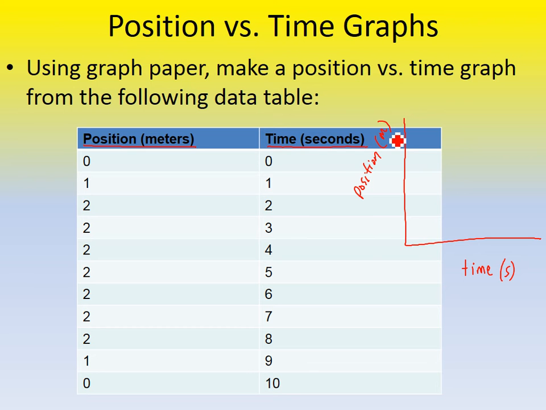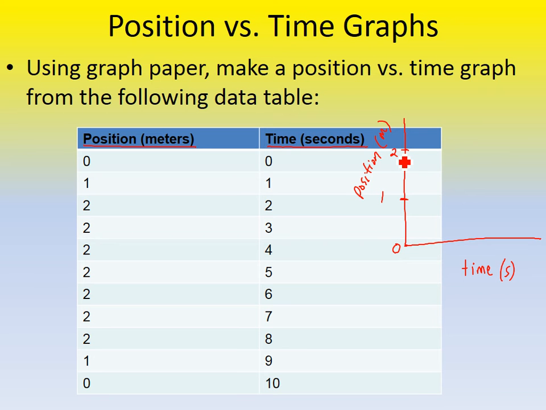Now, when you're making a graph, it's a good idea to look at the range. We're going from a position of 0 to, what's the greatest position we get to? 2. So this is going to be 0 at the bottom. Now, if we only go to 2, let's space it out a little bit. This is 1, and let's keep it equal distance apart and say this is 2.